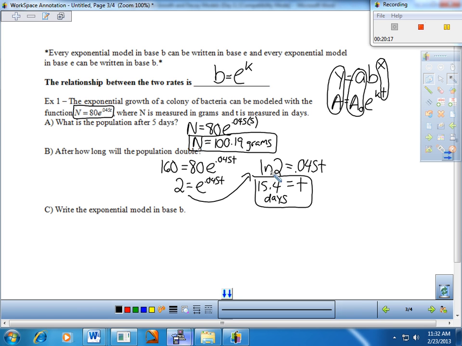Cool. Well, as mentioned, just one more piece. This model right here, which was perfectly legitimate to do the work required in this problem, can theoretically be modeled in base b, and that's all, just getting comfortable with that piece. So I'm going to write e to the k is equal to b, just like I did above.